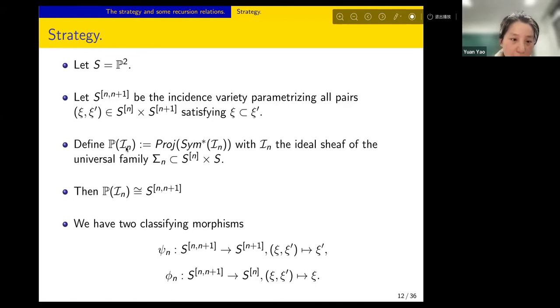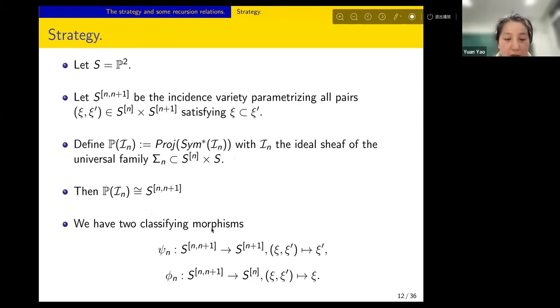You want to do the projectivization for a rank 1 line bundle, so there's nothing. This P is somehow birational to S^[n] times S, right? Then we have this one, which is exactly this incidence variety.